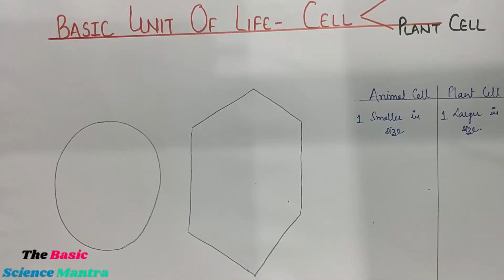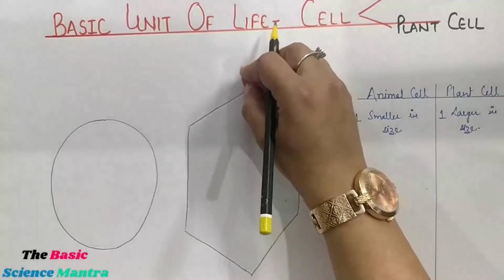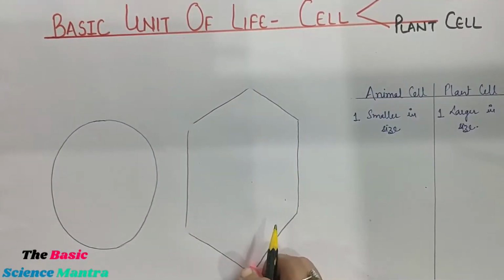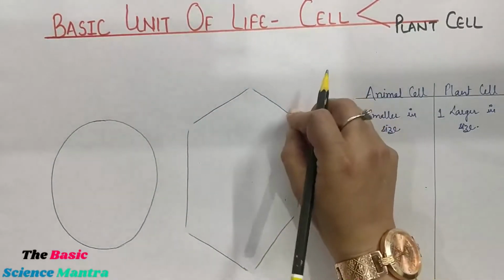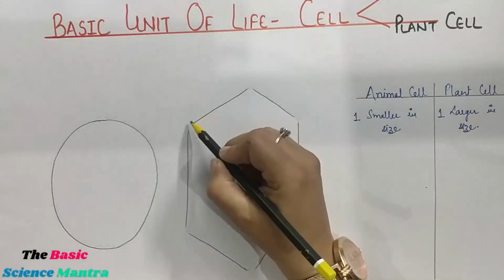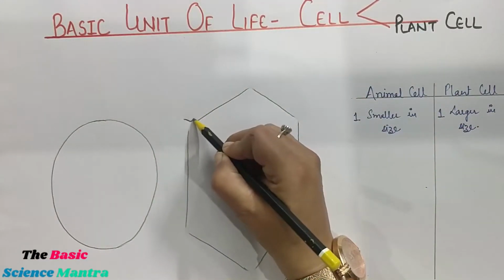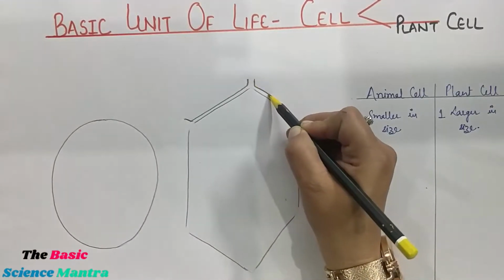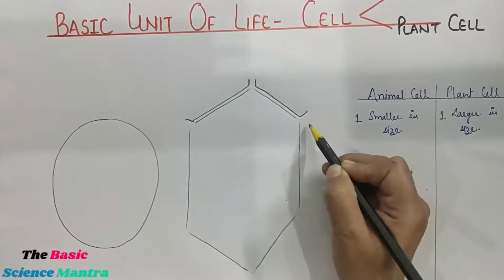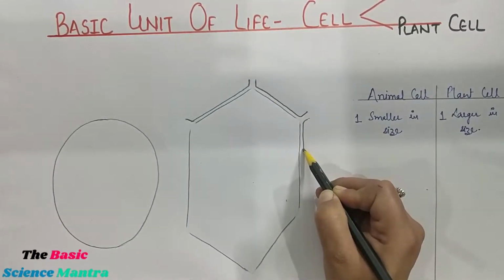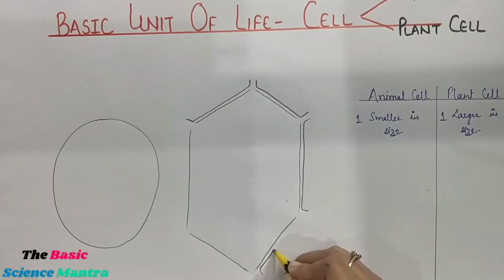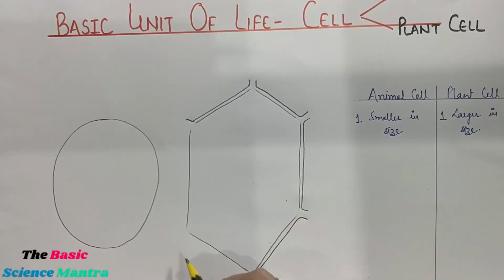Now move ahead. In the plant cell, you have to erase the corners. And I'll draw one more layer like this. Very easy to draw this diagram. Just follow me stepwise.